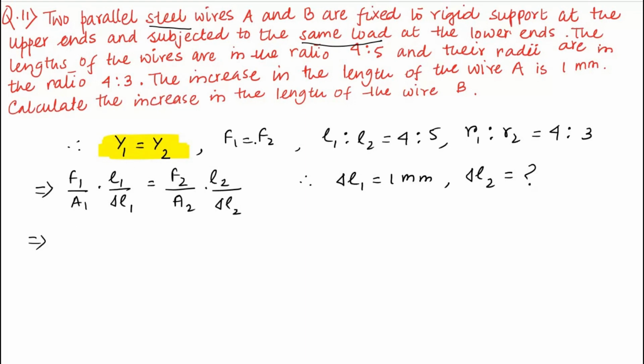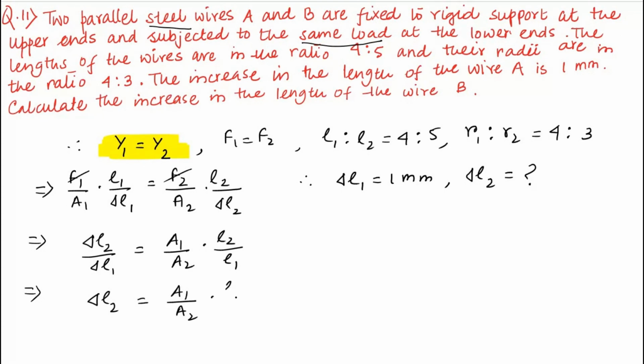And we know that F1 and F2 are both the same, so we can cancel them out. Then we'll have delta L2 by delta L1 is equal to A1 by A2 into L2 by L1.